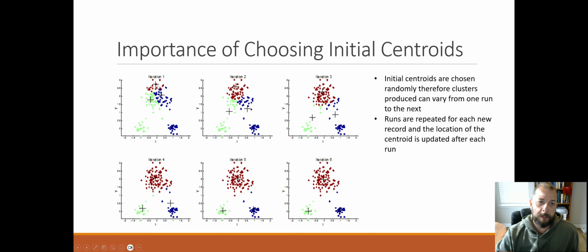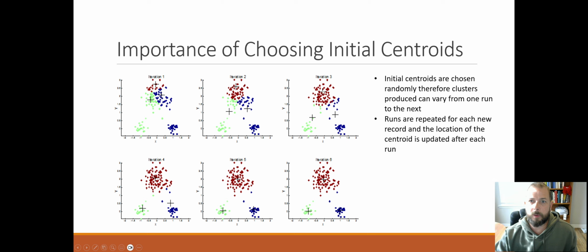In iteration 1, we can see the 3 centroids are placed in this vicinity, and as more data points come online in each iteration, the actual centroids are going to start to migrate out to their specific locations.